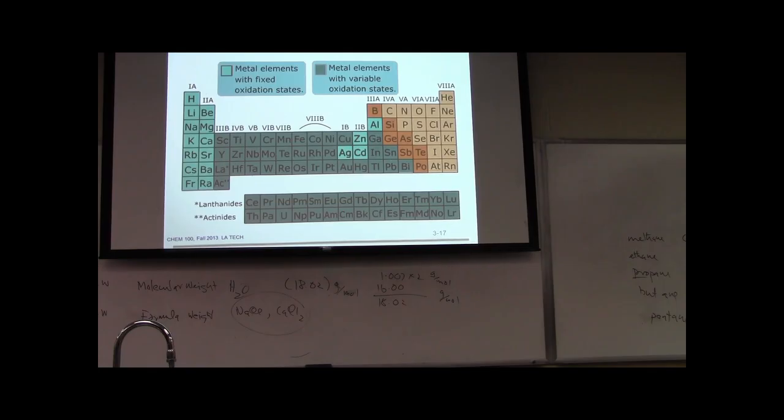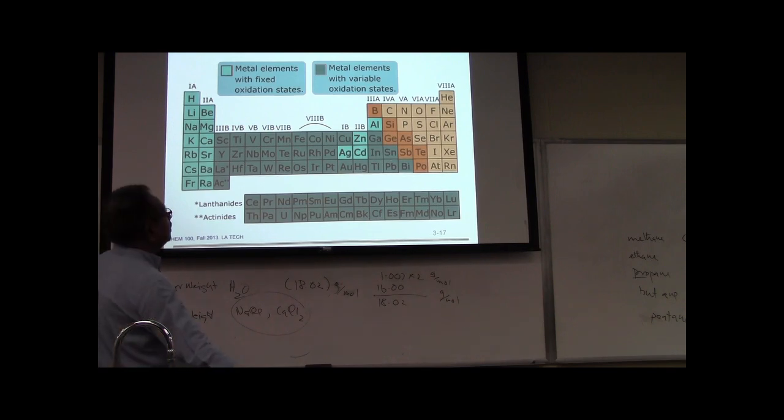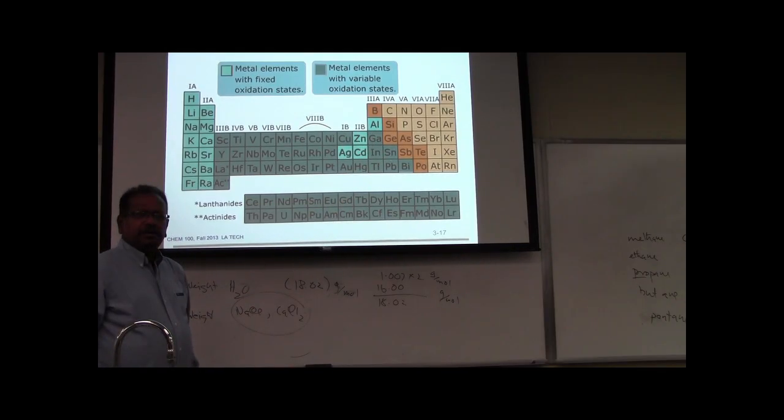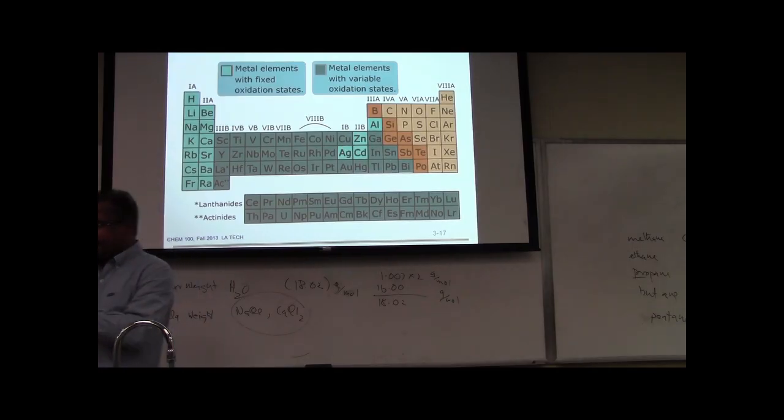Now these are kind of semi-metals. Sometimes we treat them as metals, sometimes as non-metals. So it's kind of messy down there, but clear on type 1 and type 2.